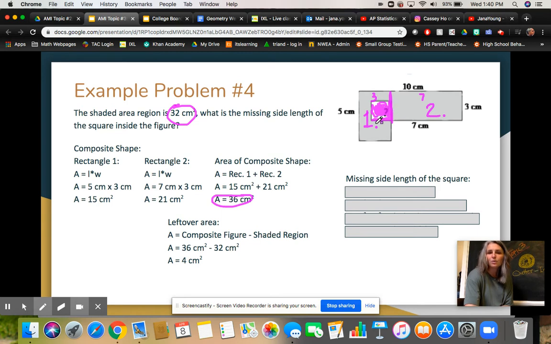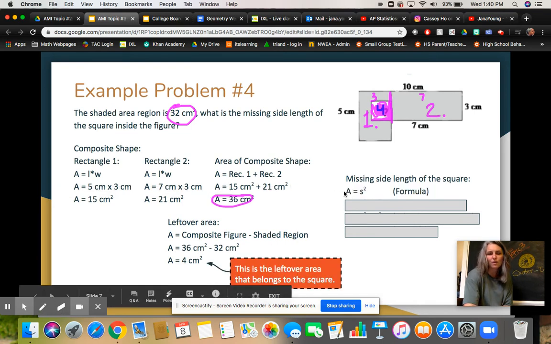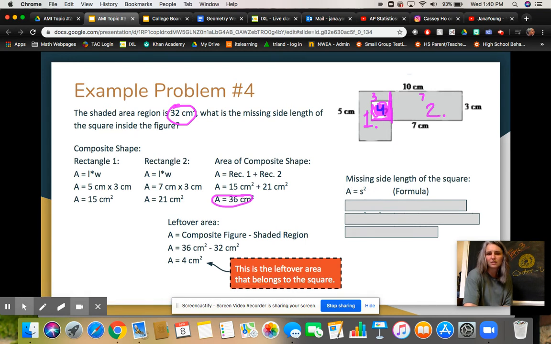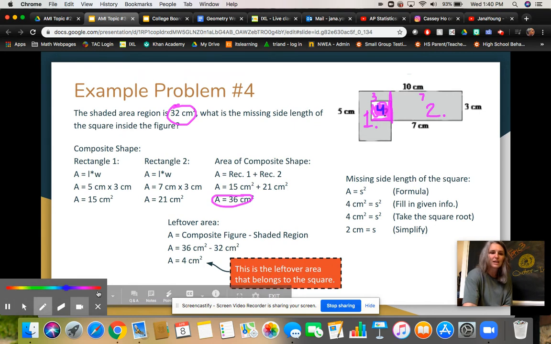And I want to know what's the side length for that square, right? So I know the area of that square is 4. All right, so if the area of that square is 4, and I know that area is equal to side squared, then I know that side squared has to be equal to 4, and I can just take the square root of both sides, and that would give me that side is equal to 2, right?